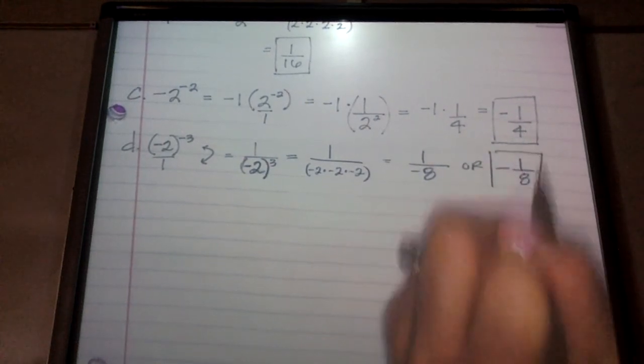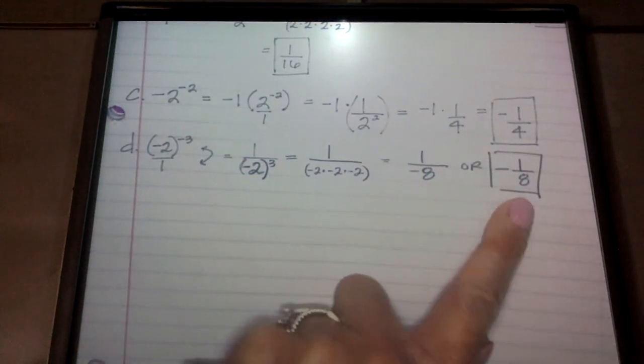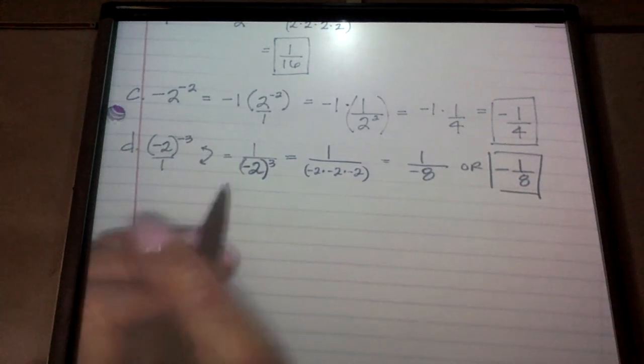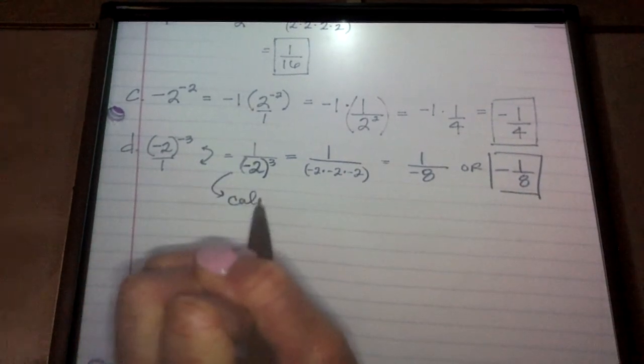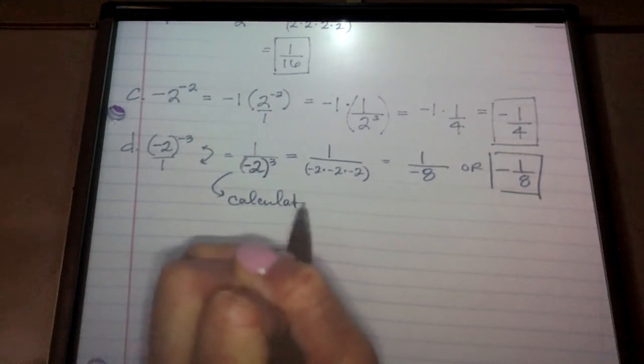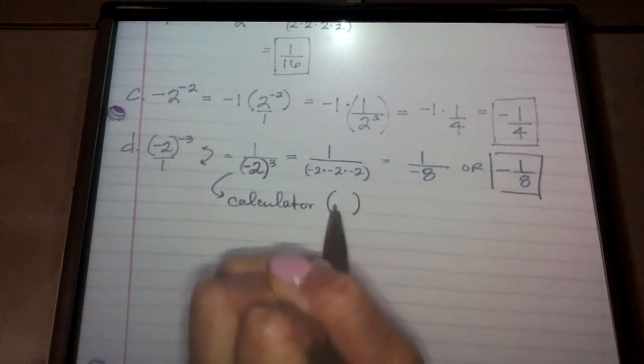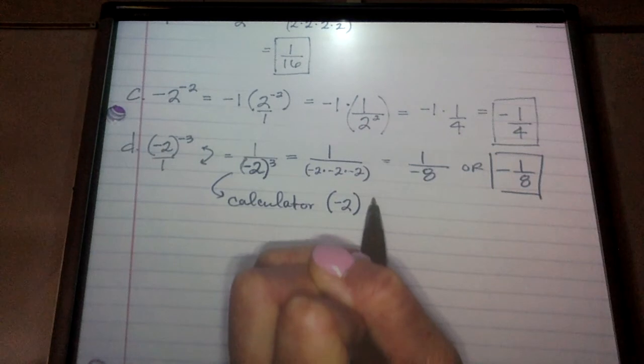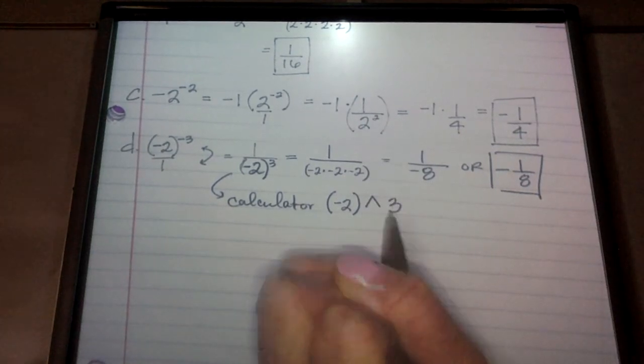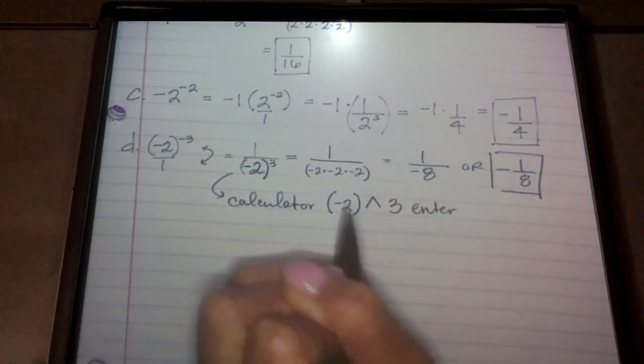Doesn't matter where you put the negative, you put it down or out front. To put this in our calculator, you have to put -2 in parentheses, then the exponent button, then the 3, then enter.